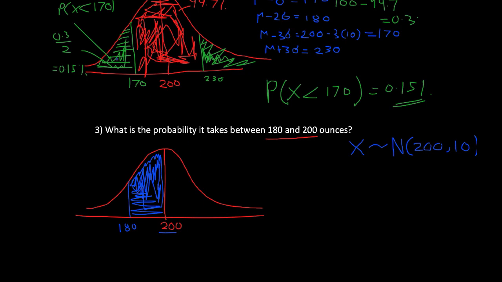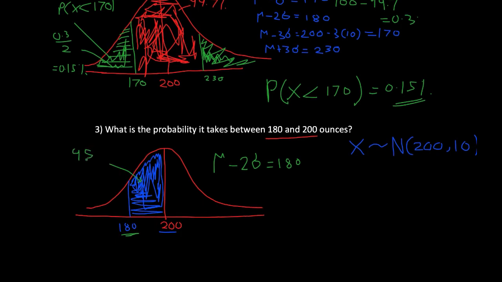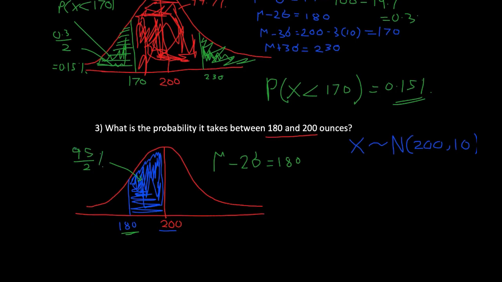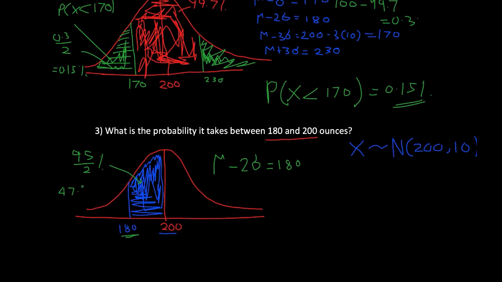Now we know mu minus 2 sigma is 180. It means this blue color area is half of the 2 standard deviation area. Therefore, this area should be 95 divided by 2, because 2 standard deviations is 95% according to the empirical rule.